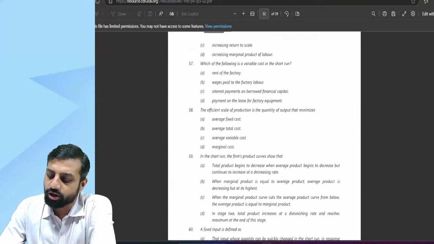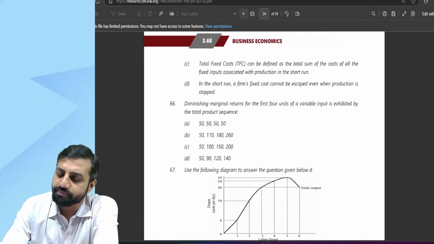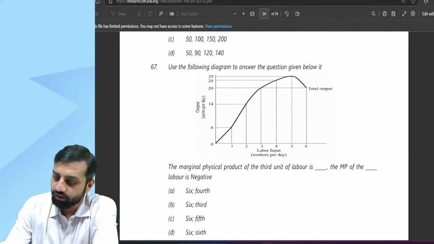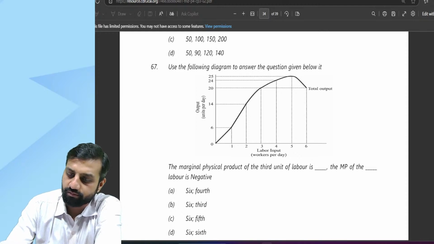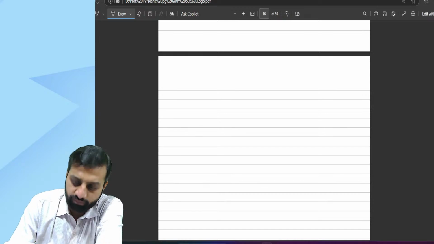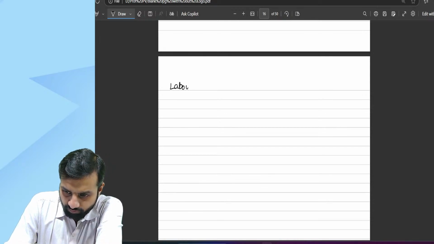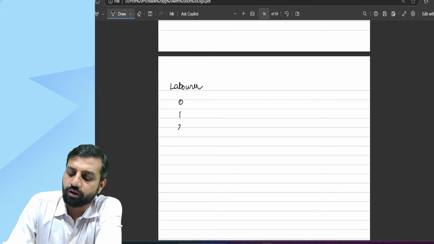So there is a doubt in question number 67. So Surya, this is a very simple question. Over here, they have given labor. Labor is 0, 1, 2, 3, 4, 5, 6.